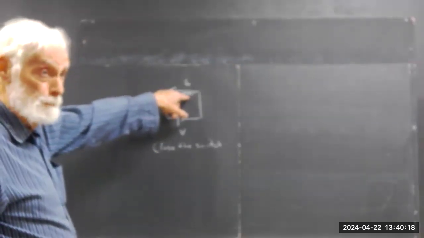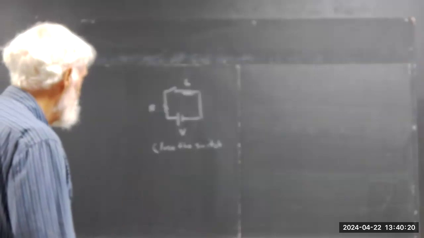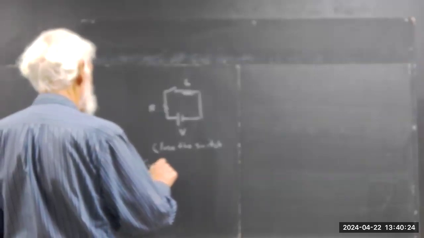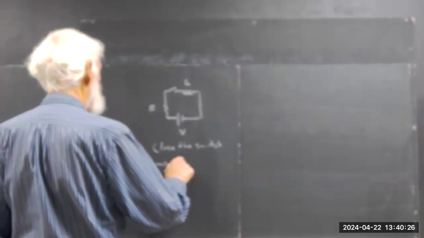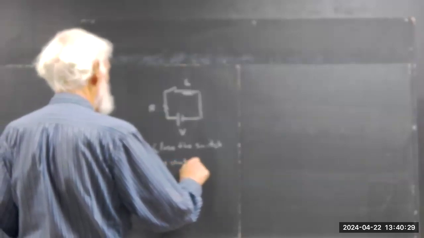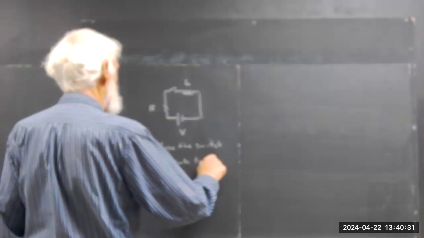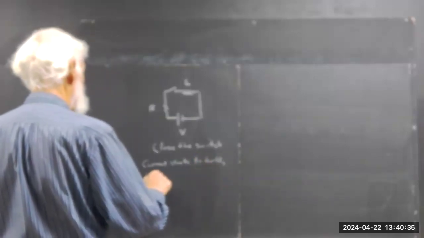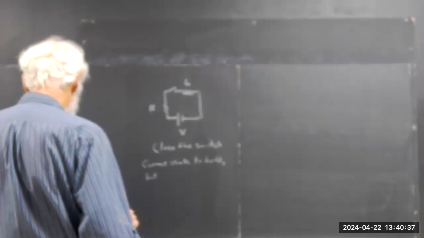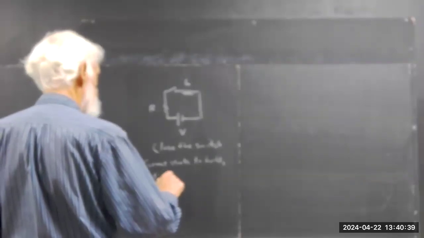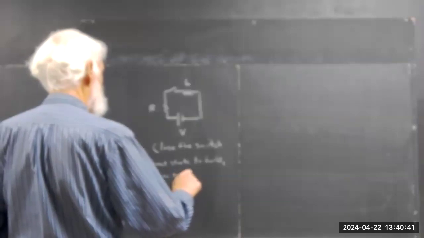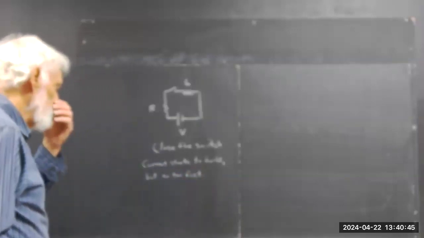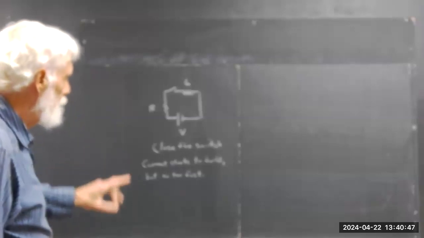Current starts to build. Not too fast. Why not too fast?